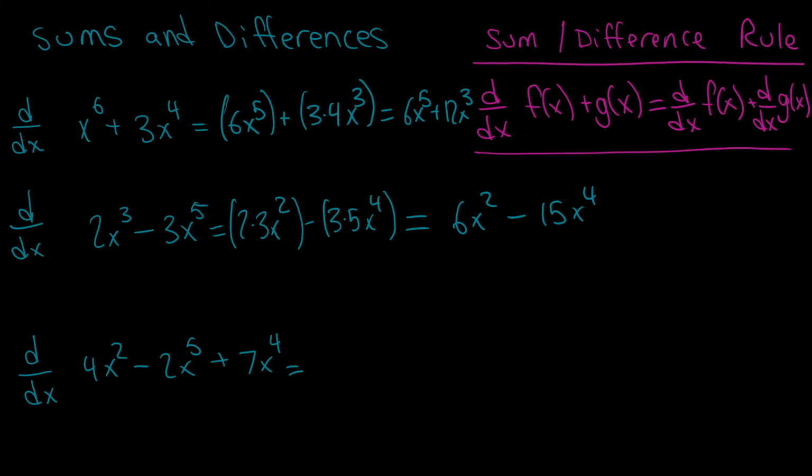Now in this last problem we have sums and differences in the same function, and it works just as simply as it did in the last two examples. So if we take, starting off with the first one, it'll be 4 times 2x to the power of 1, minus 2 times 5x to the 4, plus 7 times 4x to the 3.